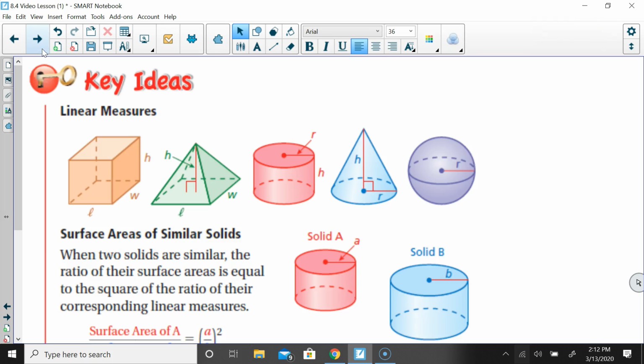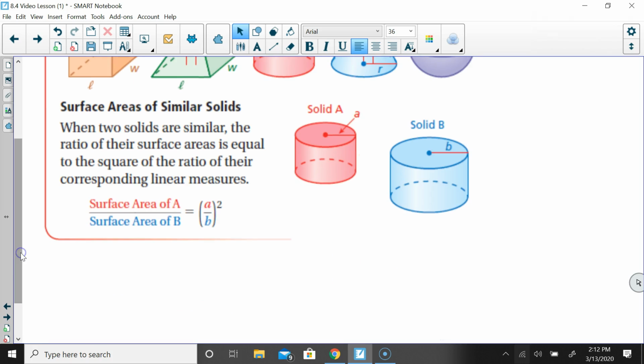When dealing with surface area of similar solids, you can set up this wonderful proportion right here, which is kind of cool. It's a way to figure out what a surface area is if it's missing. So if you take the surface area of one, put it over the surface area of the other, and set that equal to little a and little b.